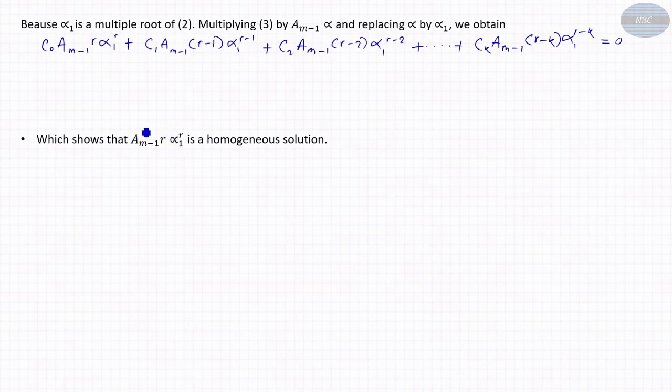So here it shows that this particular a_{m-1} r alpha 1 to the power r is a homogeneous solution. So how is it a homogeneous solution?